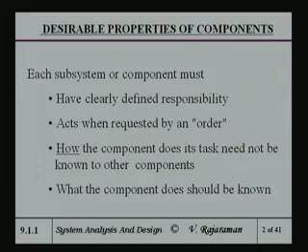Each subsystem or component has a clearly defined responsibility, just like a caterer has a clearly defined responsibility. It acts when requested by an order. So you give an order to the caterer, and he will produce the items you require. How the component does the work or task need not be known to you or to other components.